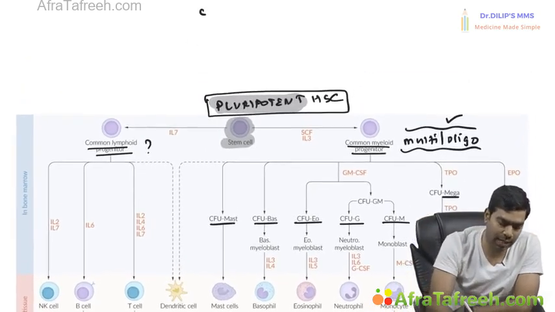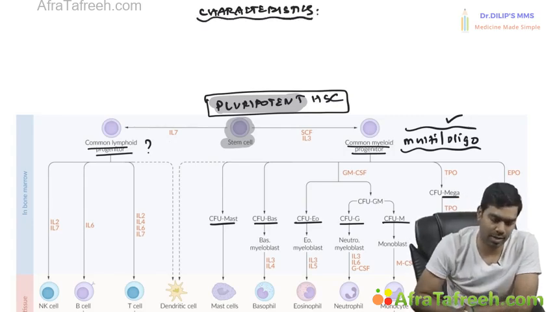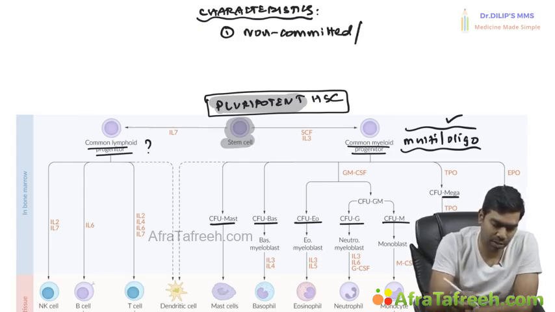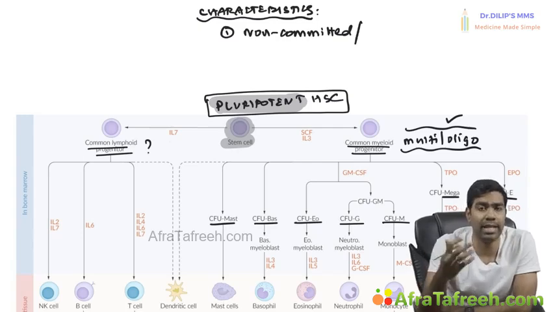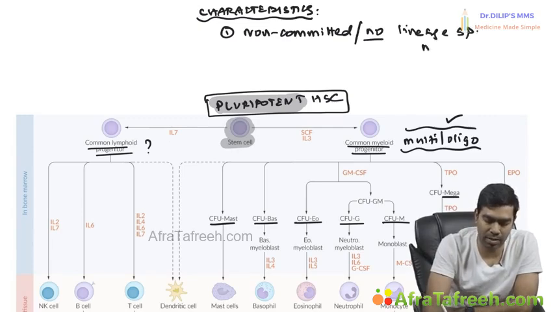If you ask me about the characteristics of the pluripotent hematopoietic stem cell, this is a very important point. The first characteristic is that it is non-committed, which means it doesn't express any lineage-specific markers.